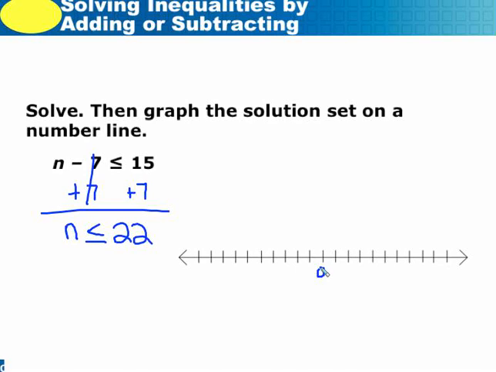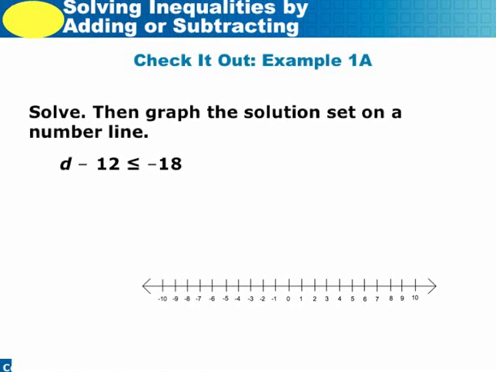Since my answer is n is less than or equal to 22, I'm actually going to scale my graph by 11s, because I know that that will allow me to have an exact point at 22. So I'm going to put a closed circle since it's less than or equal to. And this tells me to shade to the left since it's less than or equal to, values that are less than or equal to. Okay?